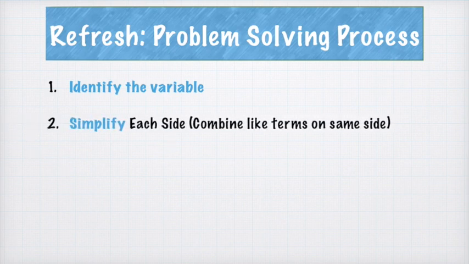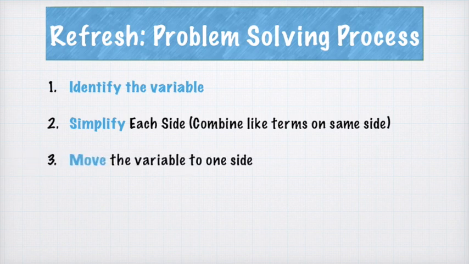You're going to want to simplify each side if possible. This will be a little bit harder to do because you don't actually know what numbers the letter represents. But if you had b plus 2b, then you could combine those to get a 3b and make your lives easier. You're going to move your variable to one side like you always do. You're going to isolate the variable.